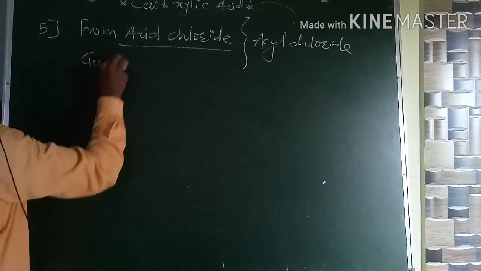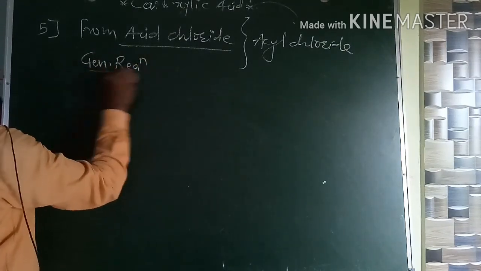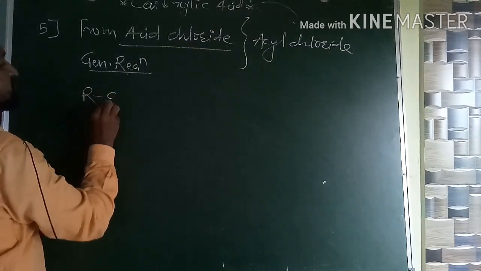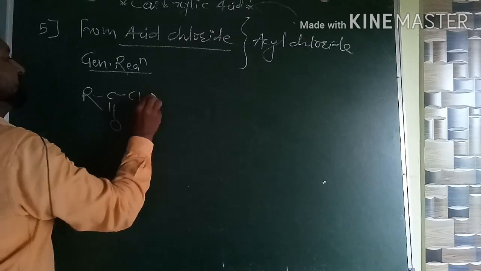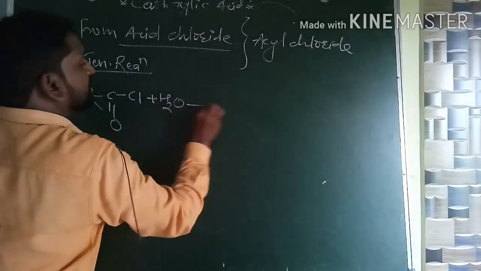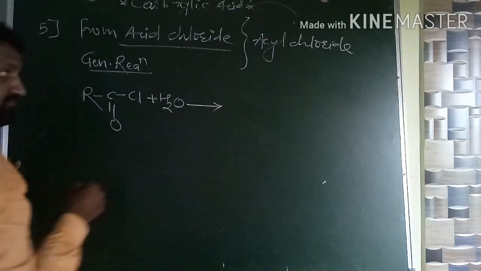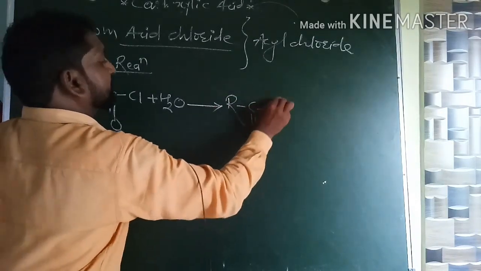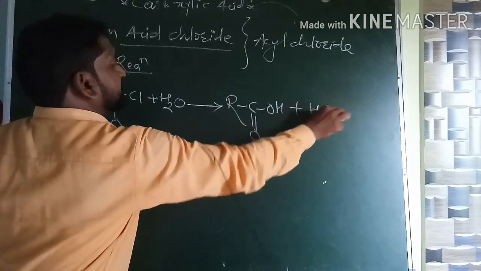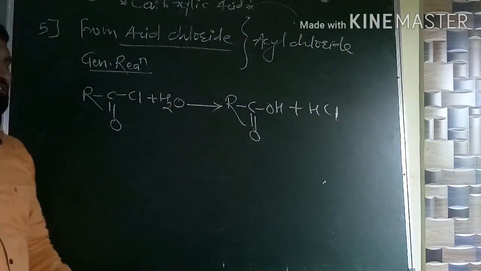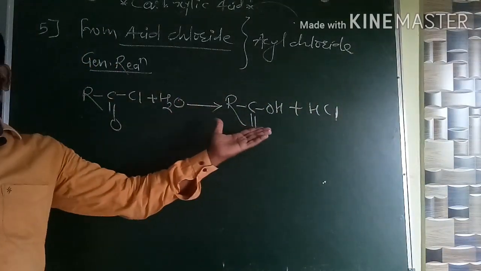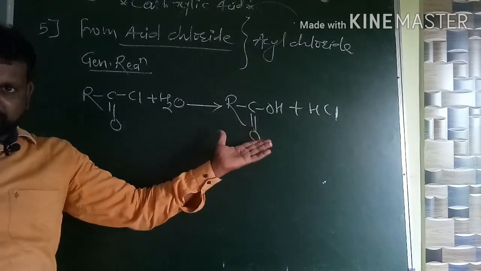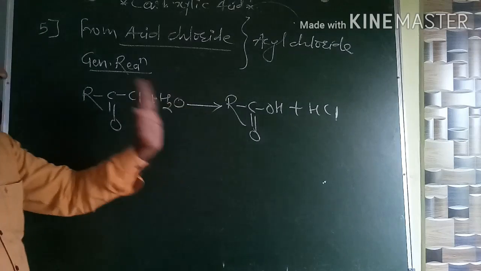General reaction. RCOCl plus H2O. What a simple reaction. Okay. RCOOH plus HCl. That's it. Change the value of R according to your pattern, according to your question. Okay, should I write? No, there is no necessity to write the reaction.